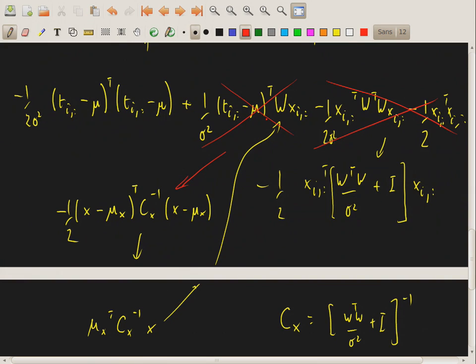Come on, there's one other term there. What would it be? Yeah, mu x transpose Cx minus 1 mu x. So we generated one of those in order to write it in this form. So implicitly in our posterior there's one of those flying around. So what do we have to do? It's a negative one of those, so we have to add it back in. In order for these two to match up, we've effectively generated this term.